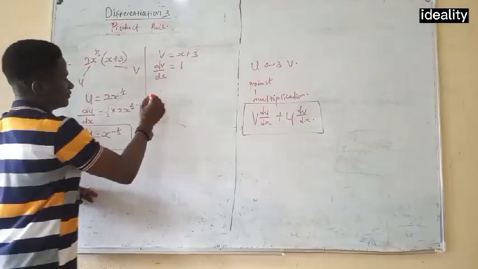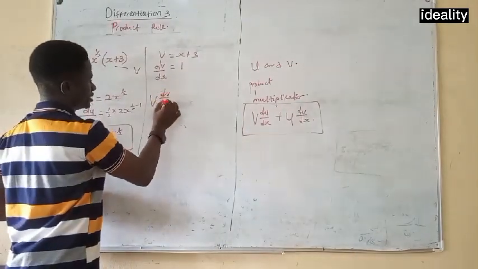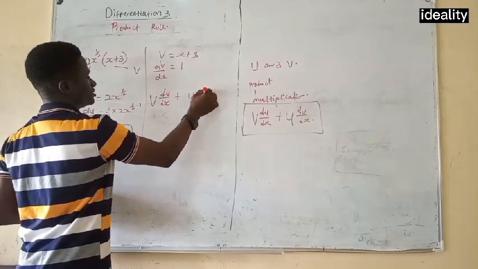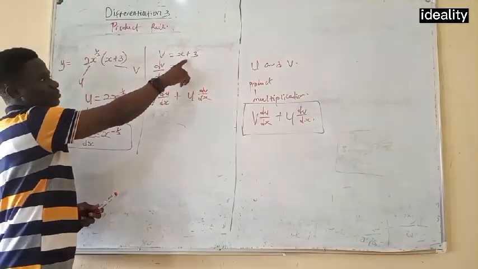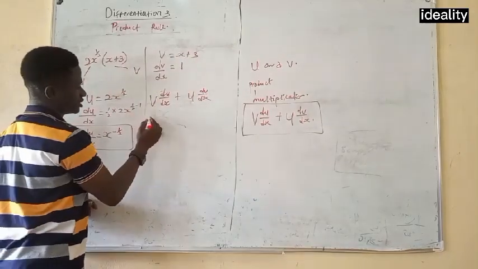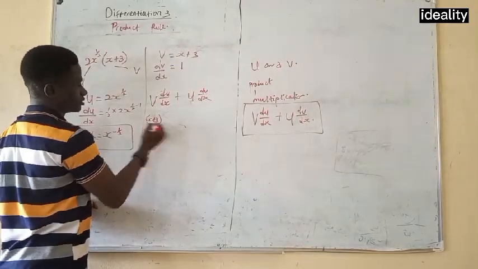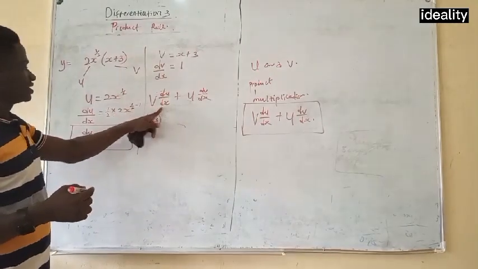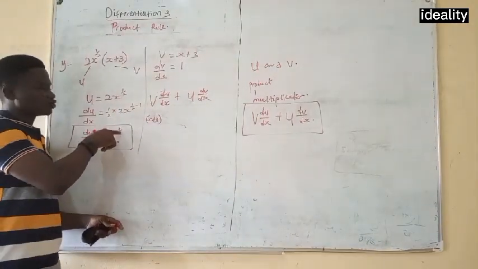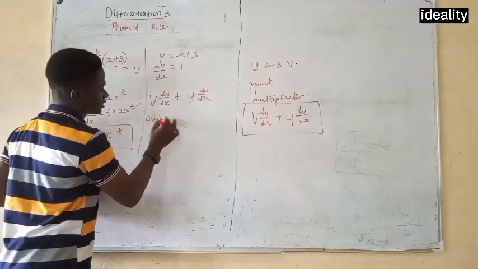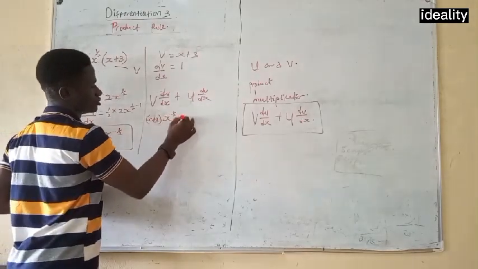Let's go: v du dx plus u dv dx. What's my v? My v is x plus 3. I need x plus 3 multiplied by what? du dx. What's my du dx? My du dx is x raised to the power minus 1 over 2.